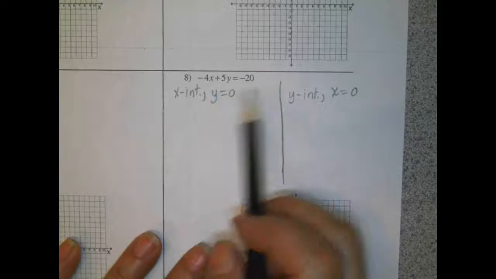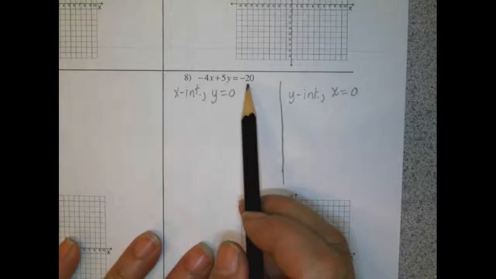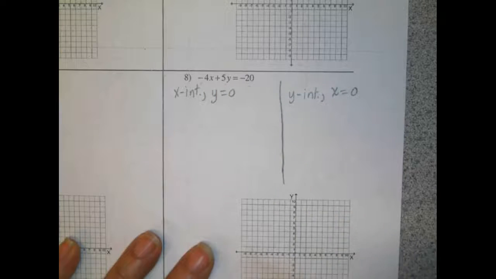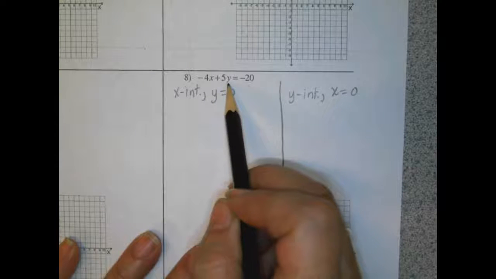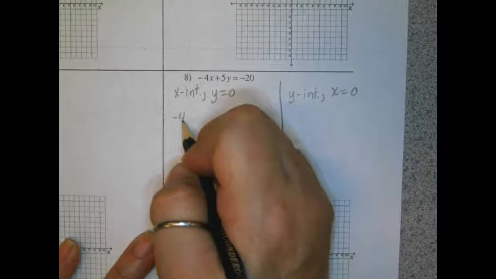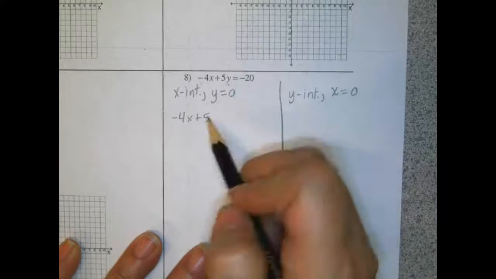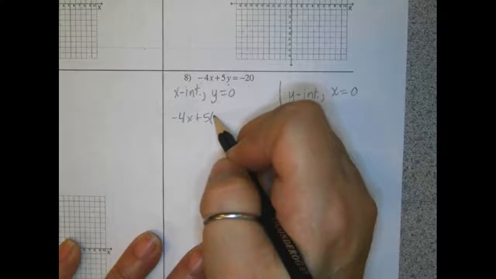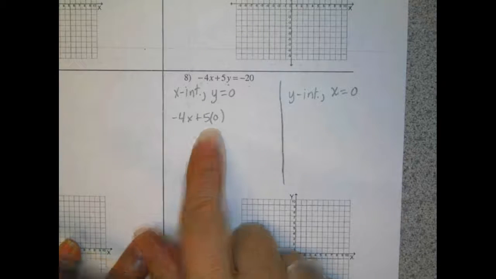Now I'm going to take this equation. I have negative 4x plus 5y equals negative 20. I'm going to take that equation, and instead of y, I'm going to write a 0 in that place. So I have negative 4x plus 5, there's my y, that means 5 times y, so I'm going to use parentheses to say 5 times 0.